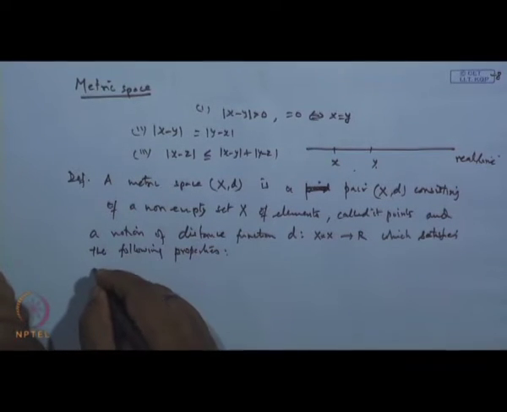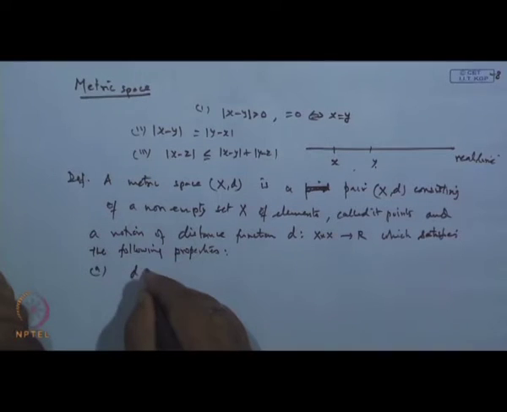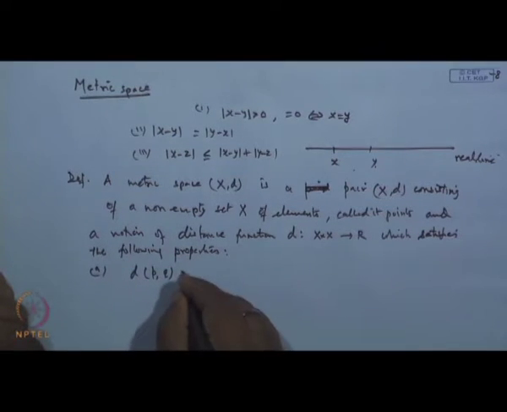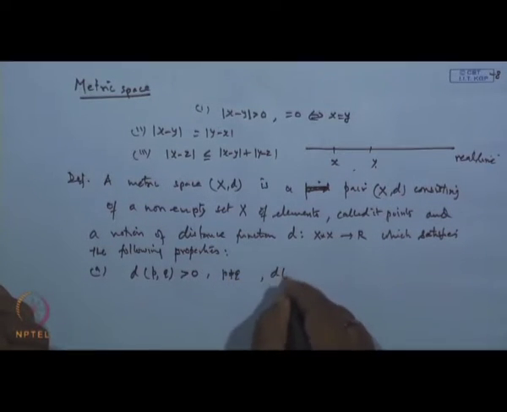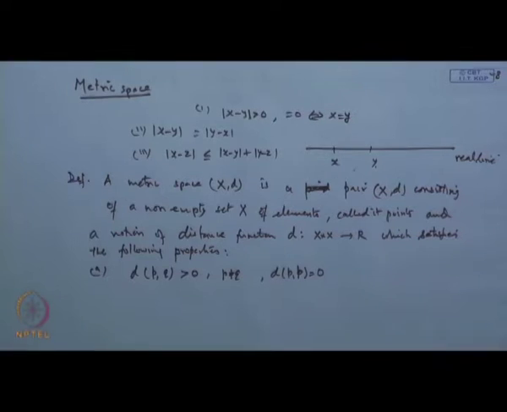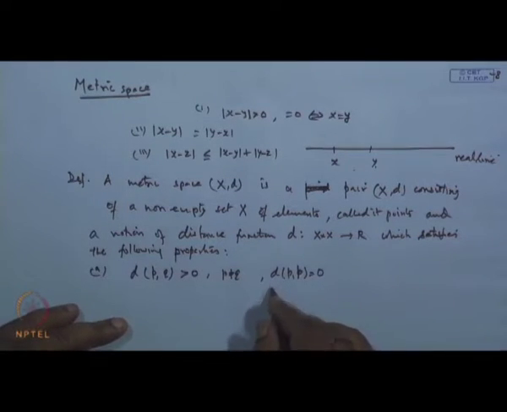The first property is that the distance between two points p and q is greater than 0 if p is different from q, and the distance between p and p is 0. In fact, the other way around also, vice versa.